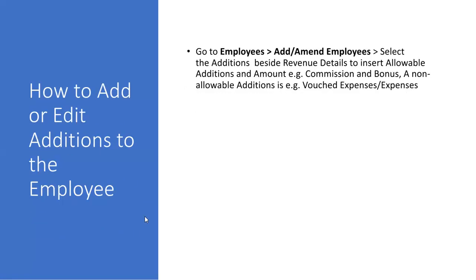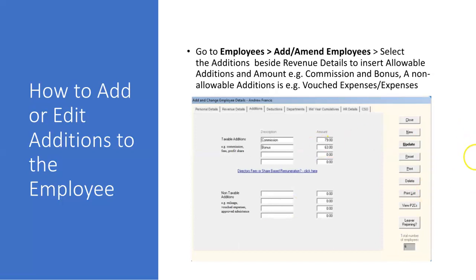Okay, here we go. This slide will now tell us how to add or edit additions to the employee. When it comes to the additions in the employee's details, you go to employees, add and amend employees, select the additions tab beside the revenue details, and then insert allowable additions and amounts.